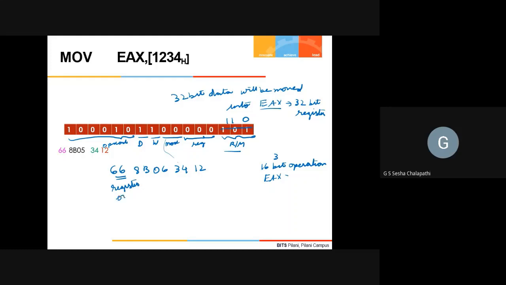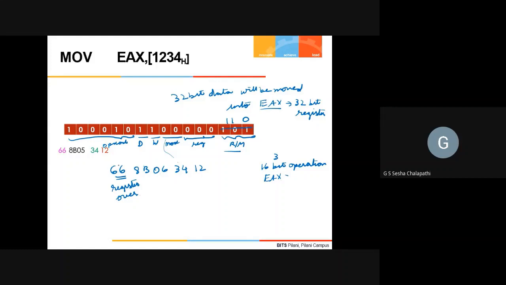Register override specifies that, though you are expected to use only 16-bit registers in the 16-bit operation mode, since you are using a 32-bit register here, which is contrary to expectation, you will have a register override.